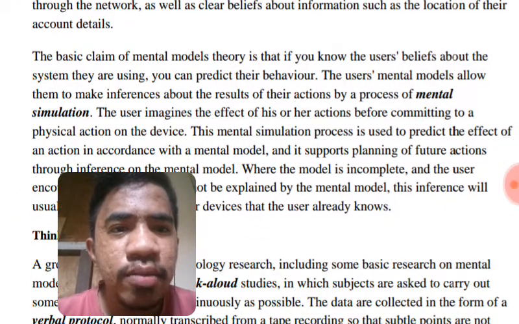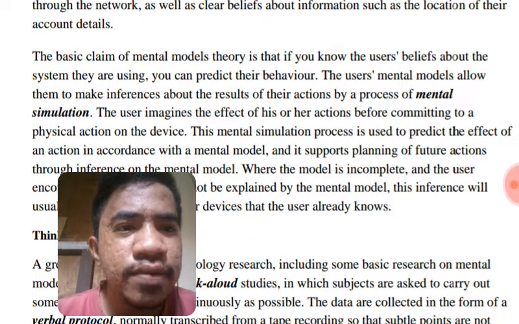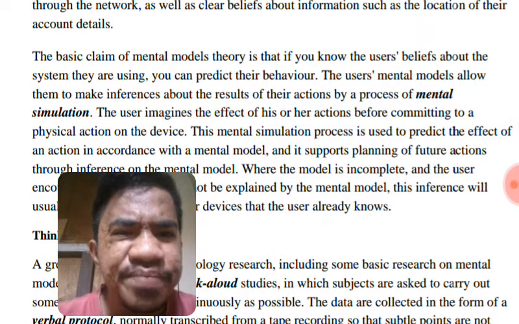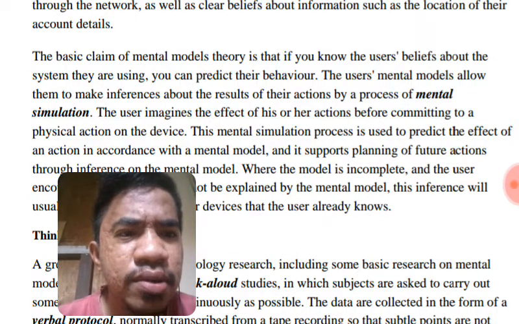The basic claim of model theory is that if you know the user's beliefs about the system that they are using, you can predict their behavior.